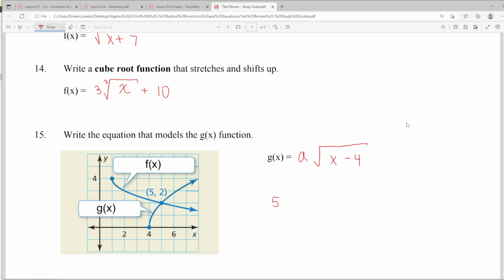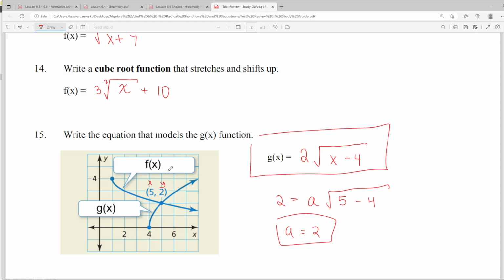So I know when x is 5, the output is 2. So I need to figure out what a would be then. X is 5, y is 2. That's 1, so square root of 1. So this means a equals 2. So we'll erase this a, and we'll put in the 2. Got to remember to use that point.